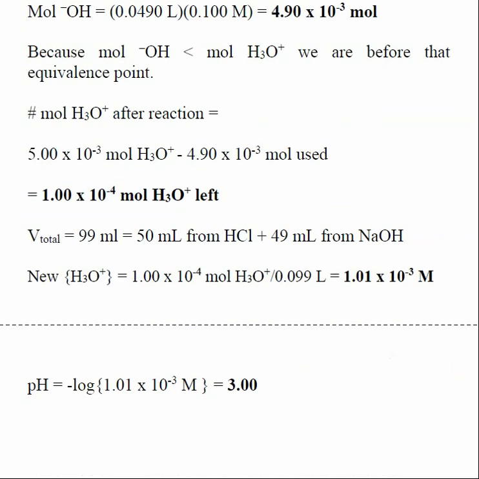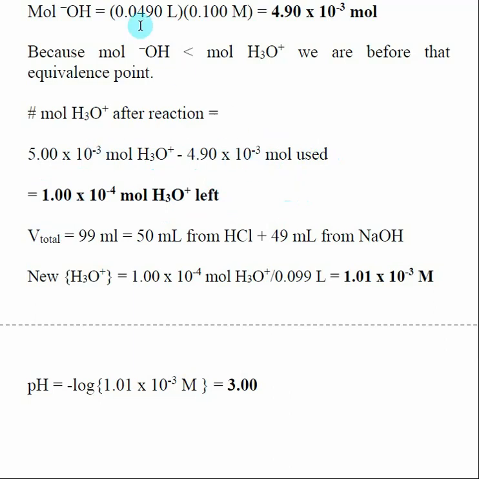Because we're before the equivalence point, what we want to do is find out how many moles of hydronium are left over. We understand that hydroxide reacts with hydronium. If we start with 5 times 10 to the minus third moles of hydronium, and for each mole of hydroxide we use up 1 mole of hydronium, we subtract that off here, and what we're left with is the number of moles of hydronium that we have left over.